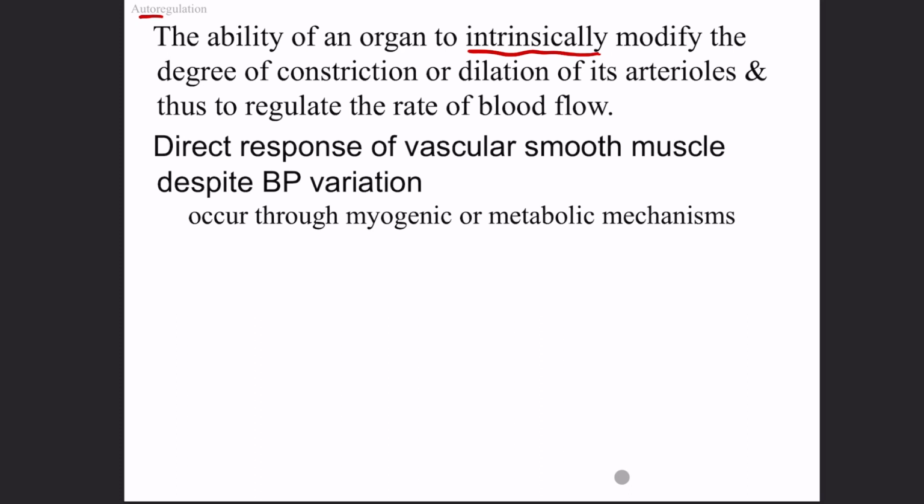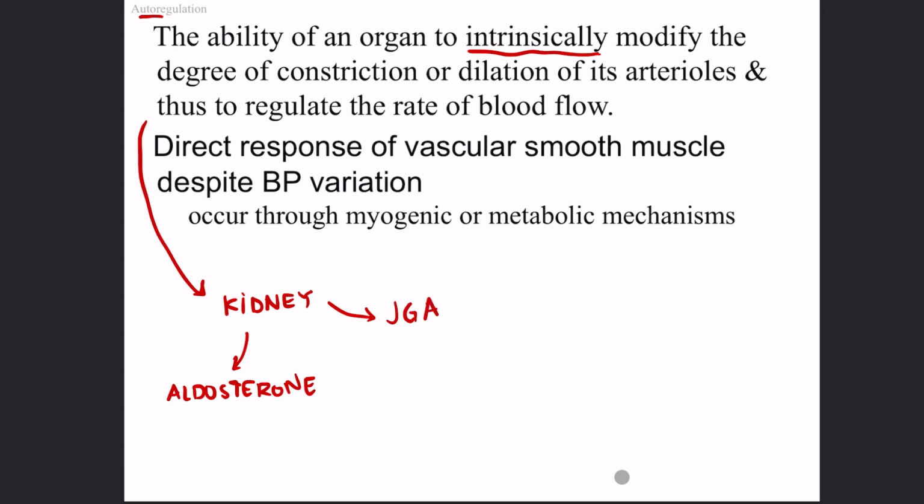Another example of an organ that does this is your kidneys. And so similarly, when we were talking about aldosterone and how it turns that on, it can also just change the smooth muscle in the vessels itself. So the juxtaglomerular apparatus can change the arterioles here too.